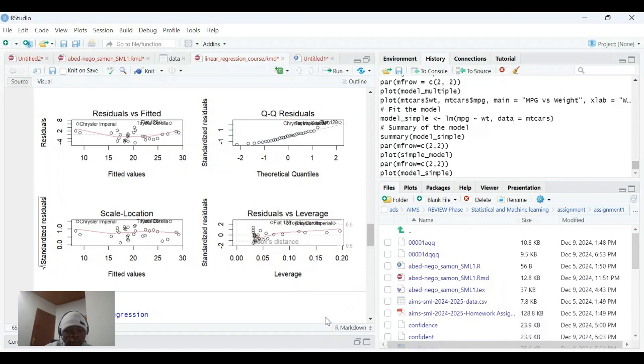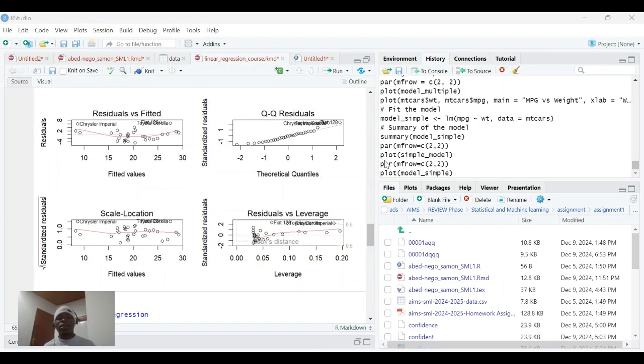So these are the interpretations of the plots we have there. The first plot shows the residuals versus fitted values, and the objective is to check the linearity and homoscedasticity.